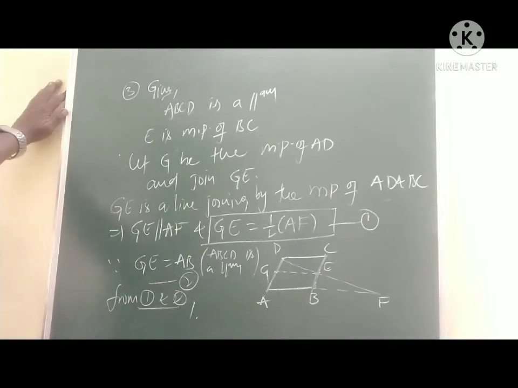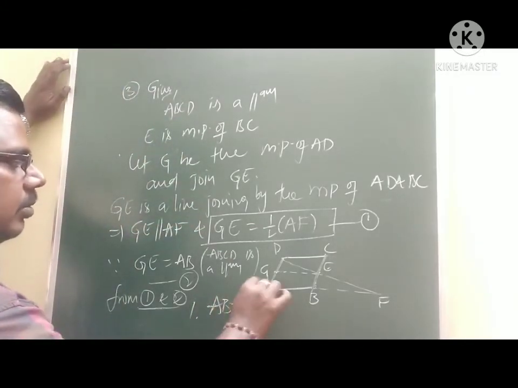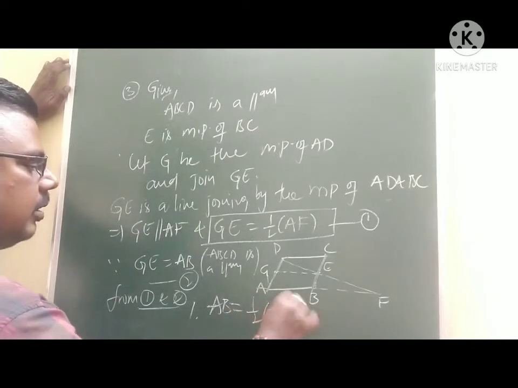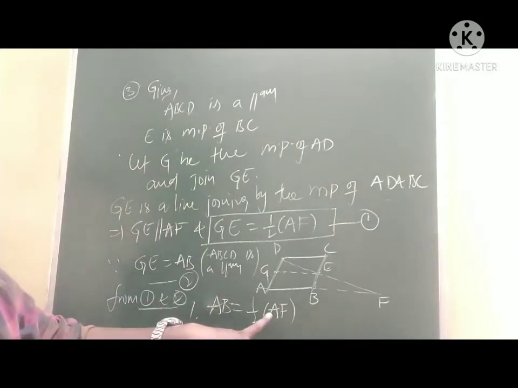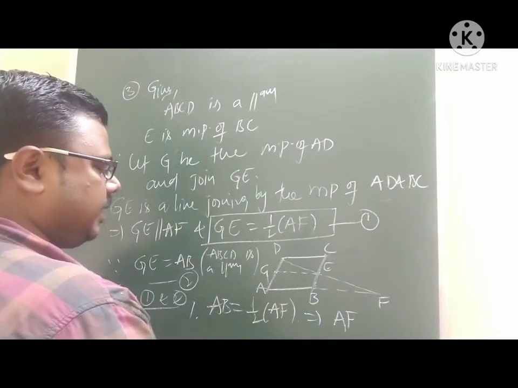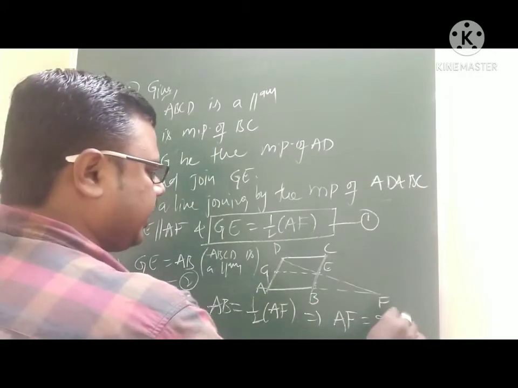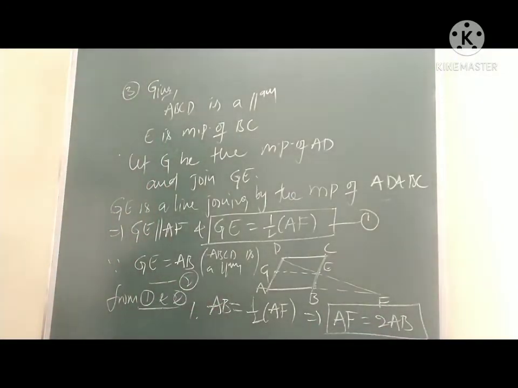We can write AB is equal to half AF, and if this 1 by 2 is transposed to this side, I will get AF is equal to 2AB, and that is the required. AF is equal to 2AB, that is the required. Clear? Fine. Let's move on to the next one now.